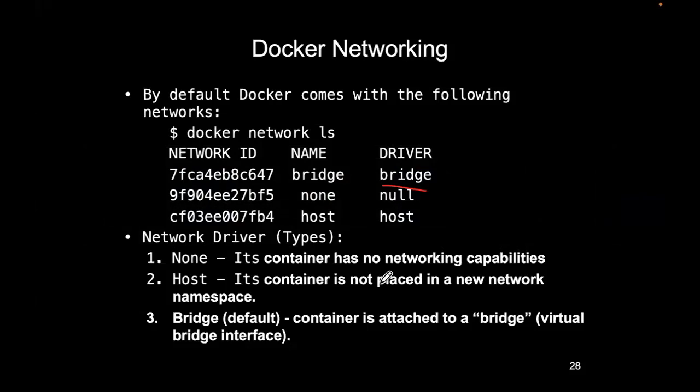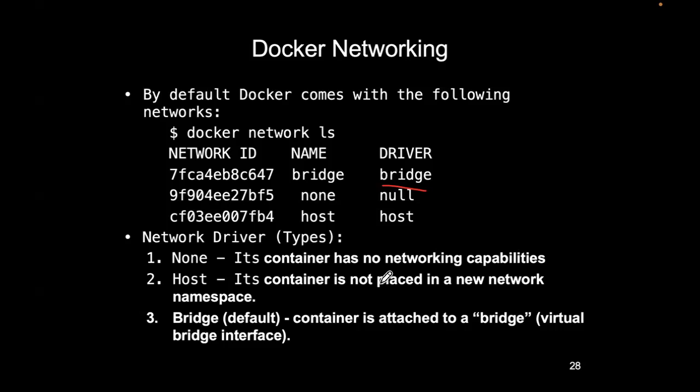A bridge network is one that has a subnet IP address range allocated to it. It also has a virtual network bridge associated with it, not a physical one, a virtual one.